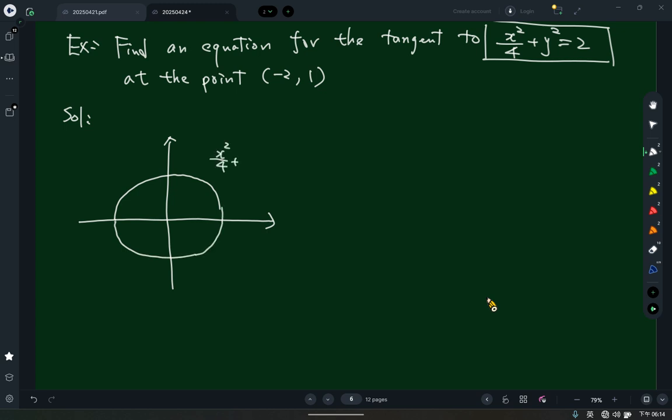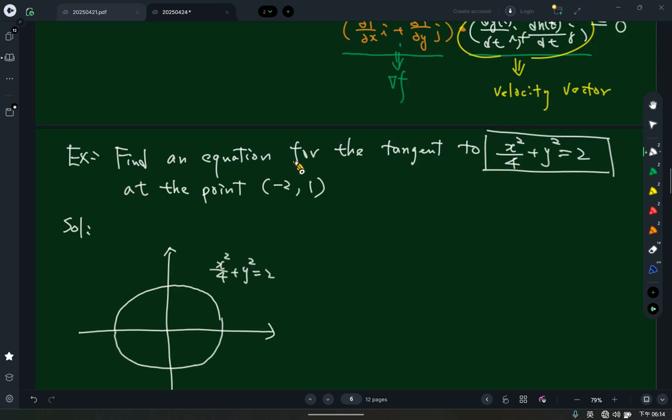Which is this one, right? Then find an equation for the tangent to this ellipse at the point -2, 1. This is -2, 1, right? This question just asks you to find the tangent.